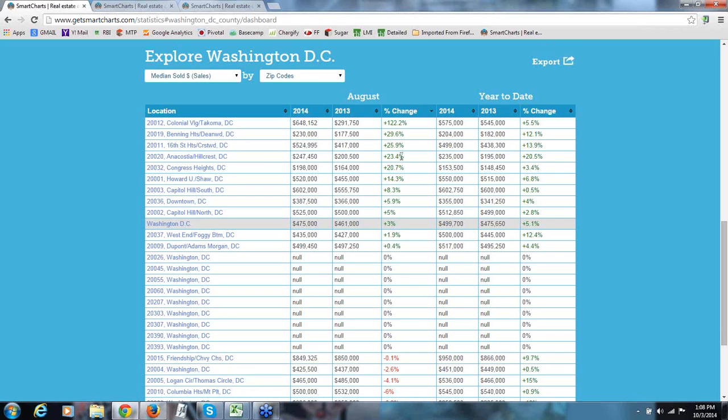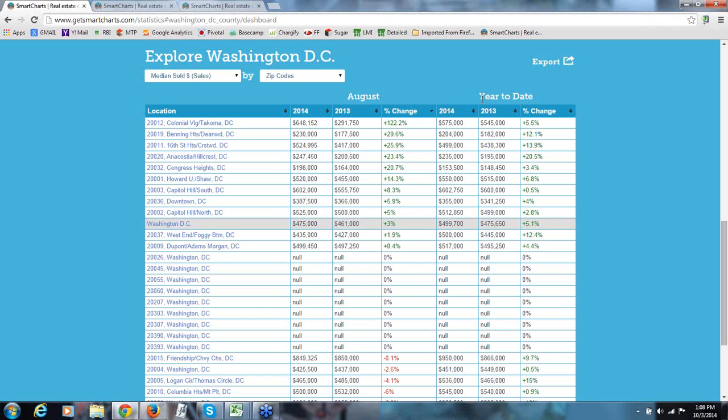It's up 23.4% for the month of August. When you're getting into zip code level stats, or especially subdivision level stats, it's important to also take note of the year-to-date, because then you have a more complete data set.